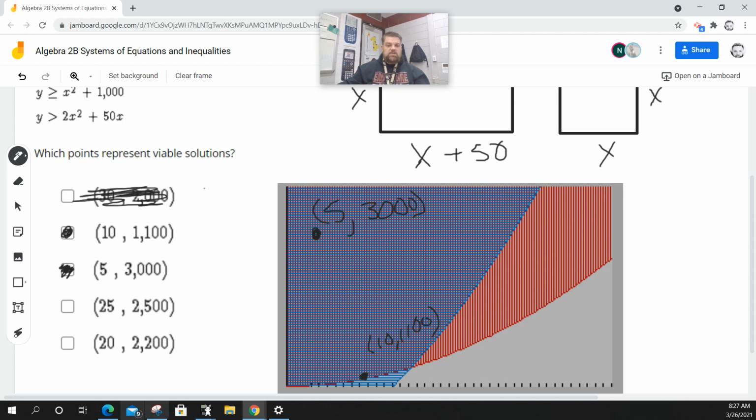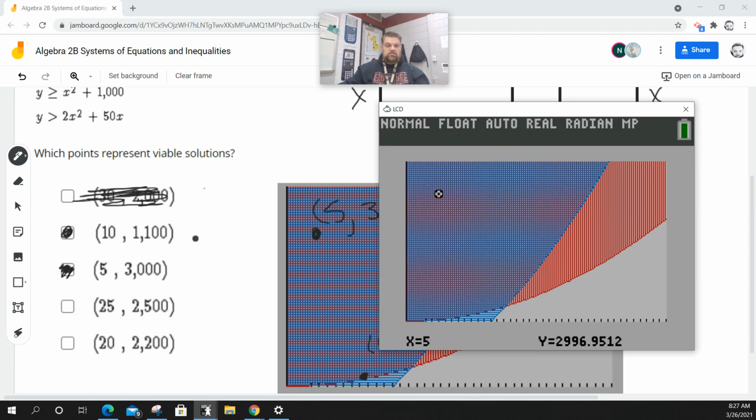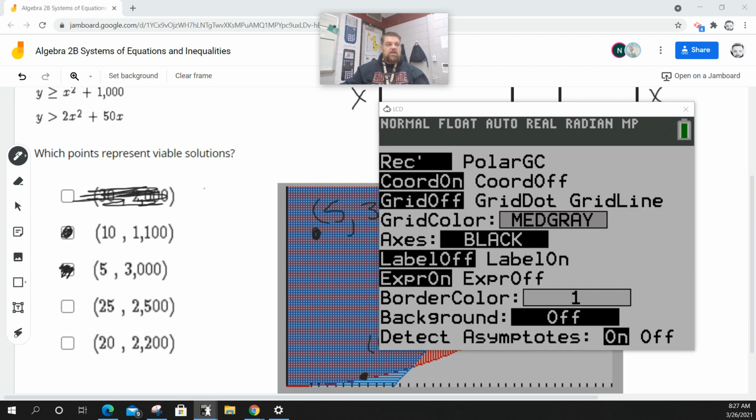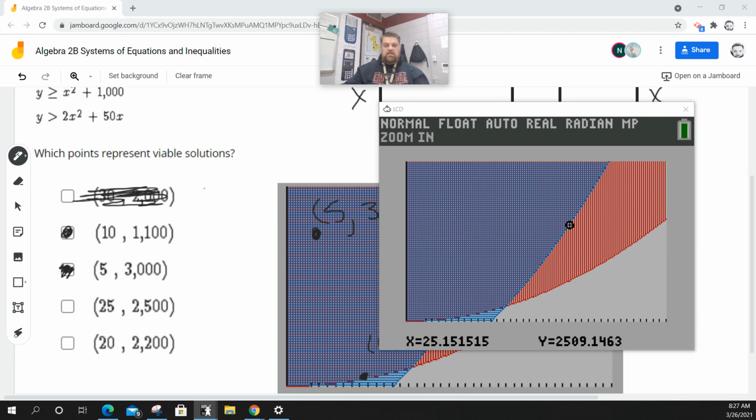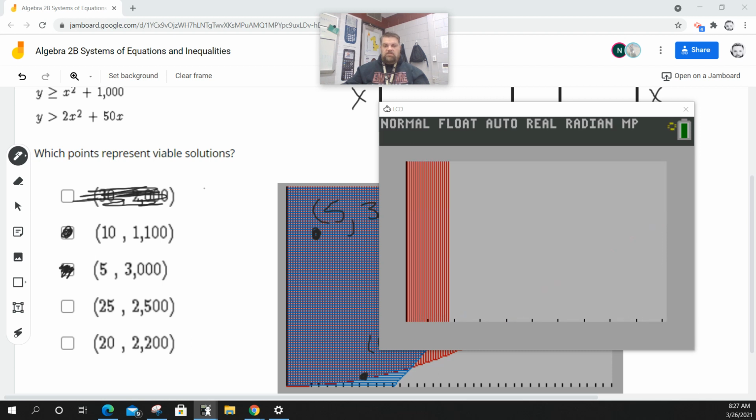Next, 25, 2500. Now we're going to see if that one works. We'll move over to 25 first, and then go down to 2500. This one's going to be a tough one too, because I think that's right on that line. So I'm going to zoom in right at that spot one time and see where we're at.